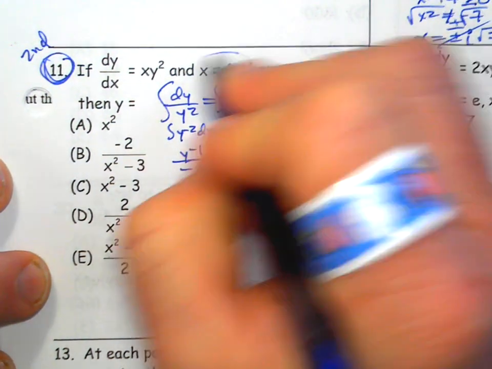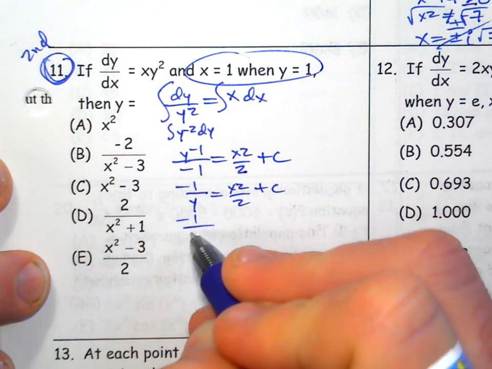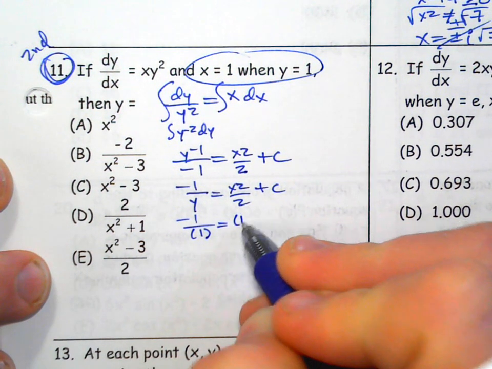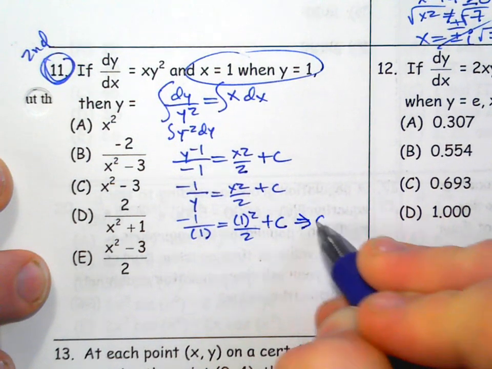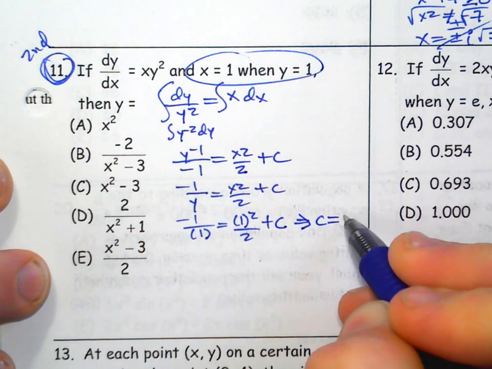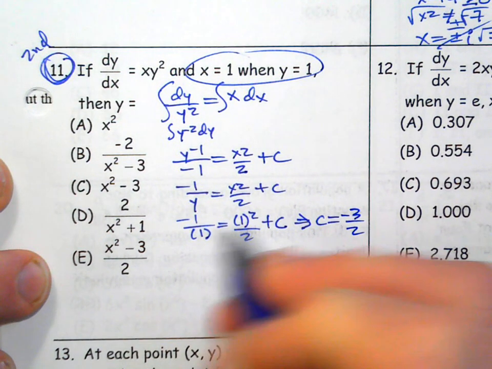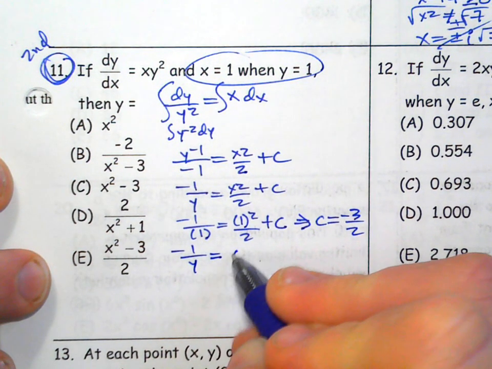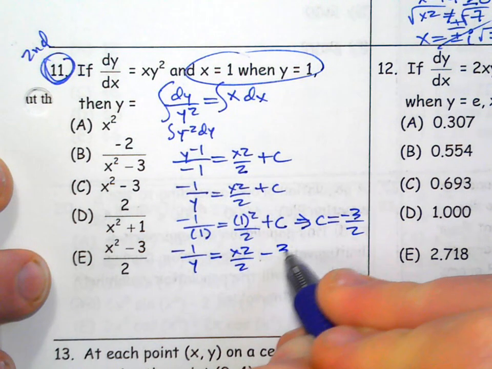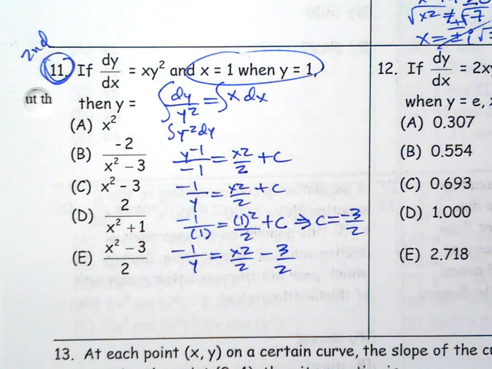They give you an initial condition. So c equals 1 minus 1 half, which is negative 3 halves. So negative 1 over y equals x squared over 2 minus 3 halves. And then we've got to solve for y.